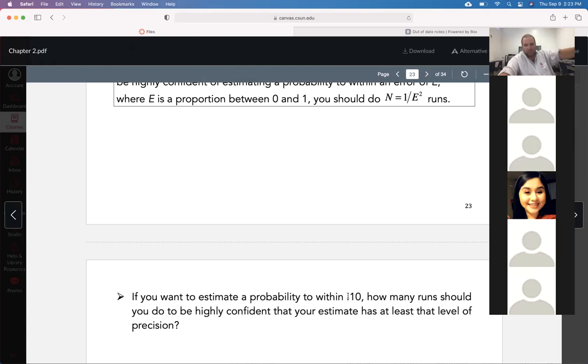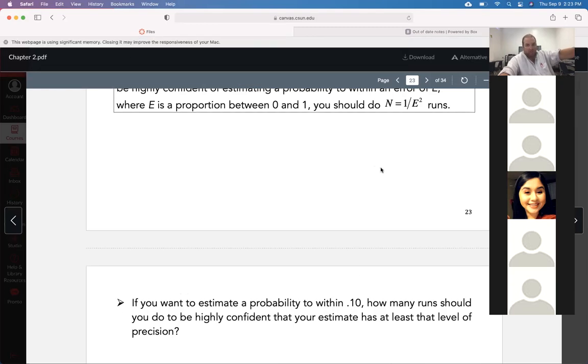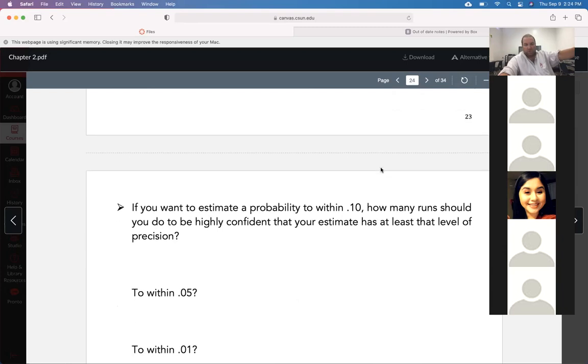This is only 100. If you only want to be within 0.1, if you do 1 over 0.1 squared, you get 100. If you want to be within 0.01, you need 10,000. If you want to be within 0.001, you need 1,000,000. So the smaller the error that you're willing to accept, the more runs you got to do.